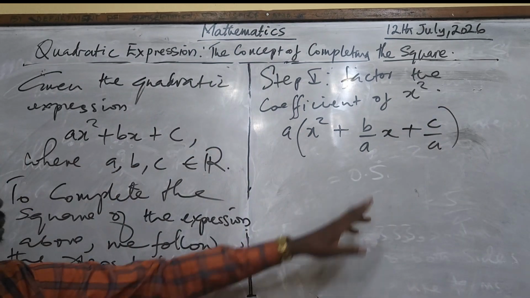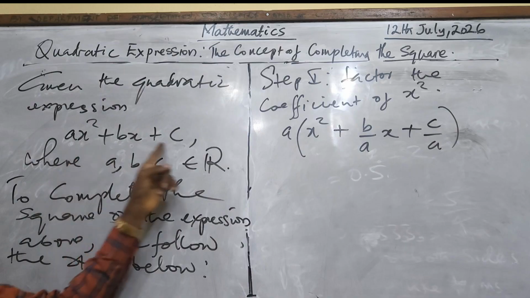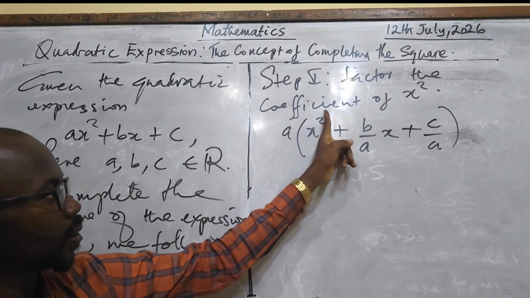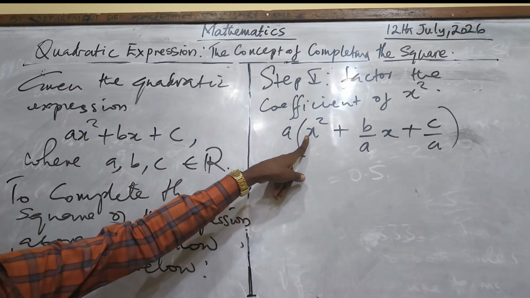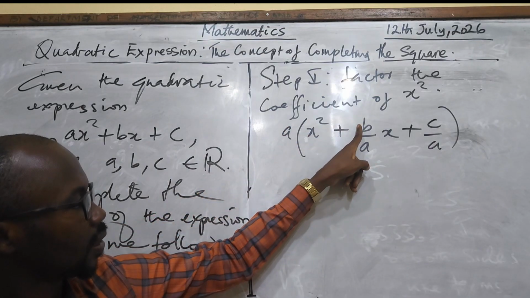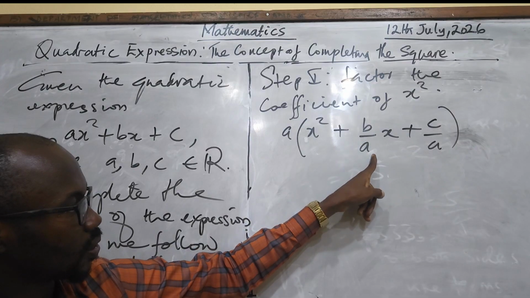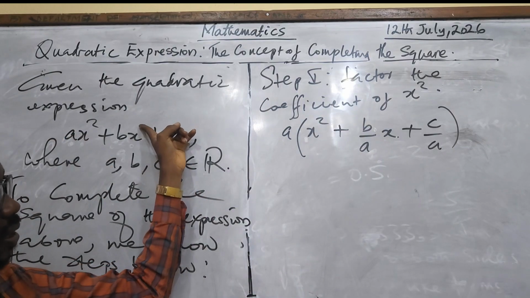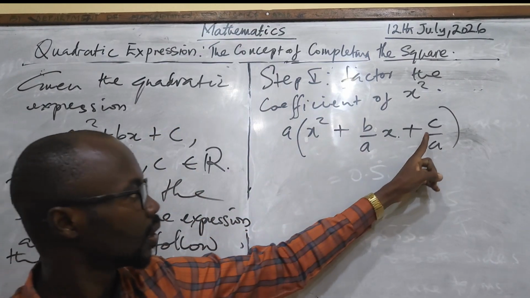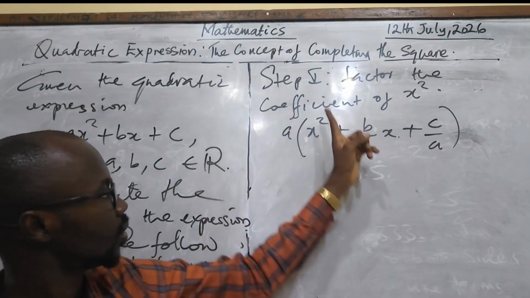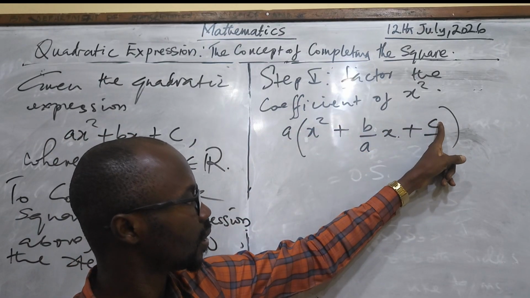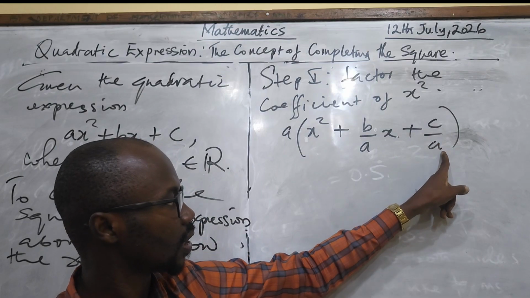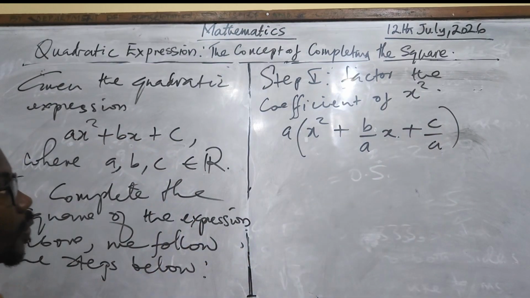If I want to recover this expression here, I will simply multiply by a. I will have ax squared, multiply a here. Of course, this a will cancel this a and we will have bx. In this case, we've recovered bx. And if I want to recover c, we multiply a by c. A cancels out a here, so we will be left with c.